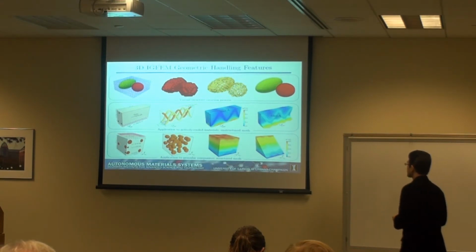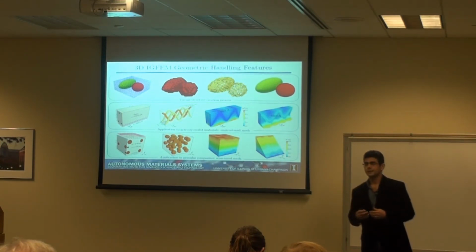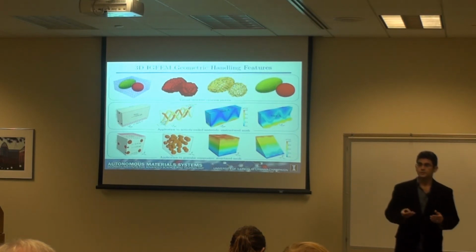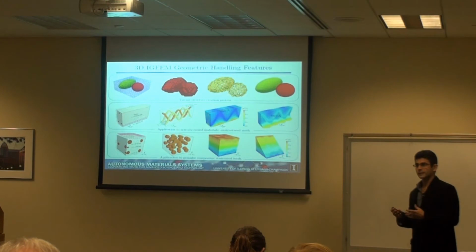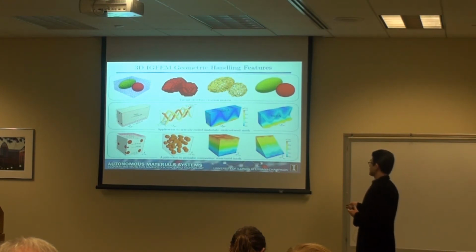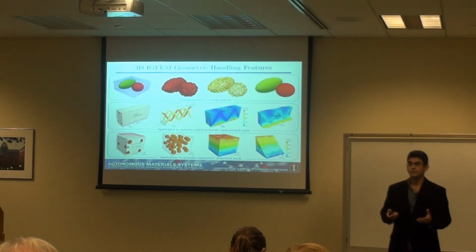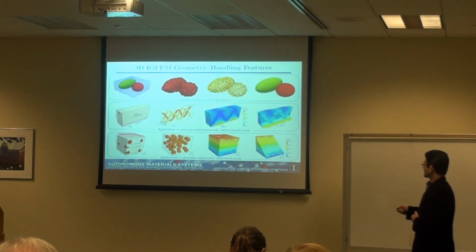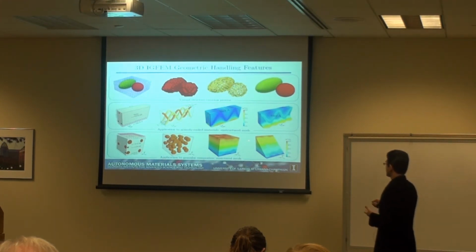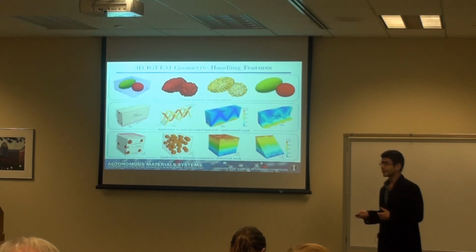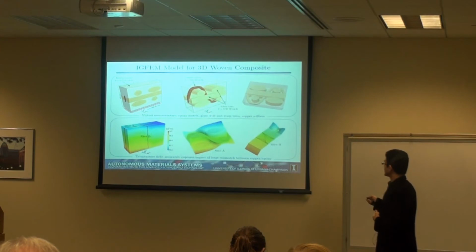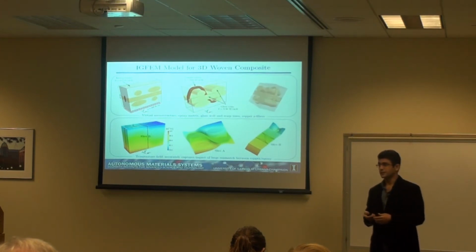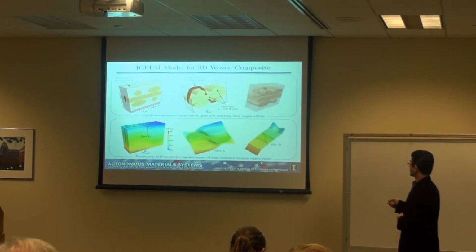And when I was developing IGFM, I was also thinking that this method can have many other applications. So I tried to develop a virtual microstructure modeling library that can be applied to different types of material microstructures. For example, here you can see the application for simulating a granular composite and the thermal response of that. The method can be applied to even more complex problems. For example, a unit cell of 3D woven composite that we deal with here can also be modeled with the IGFM.